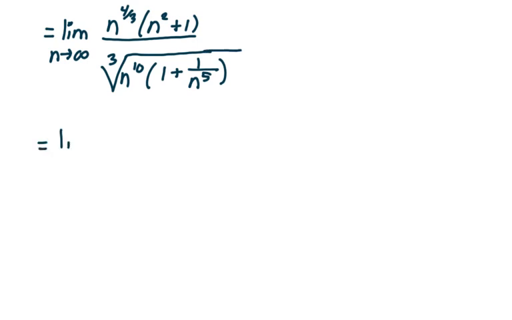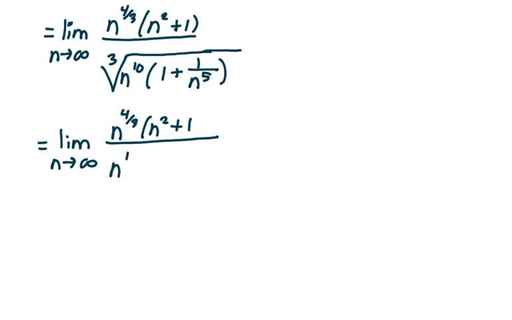And so this is the limit as n goes to infinity of, now I get n to the 4 thirds times n squared plus 1 divided by n to the 10 thirds times the cube root of 1 plus 1 over n to the 5th. It is lengthy.